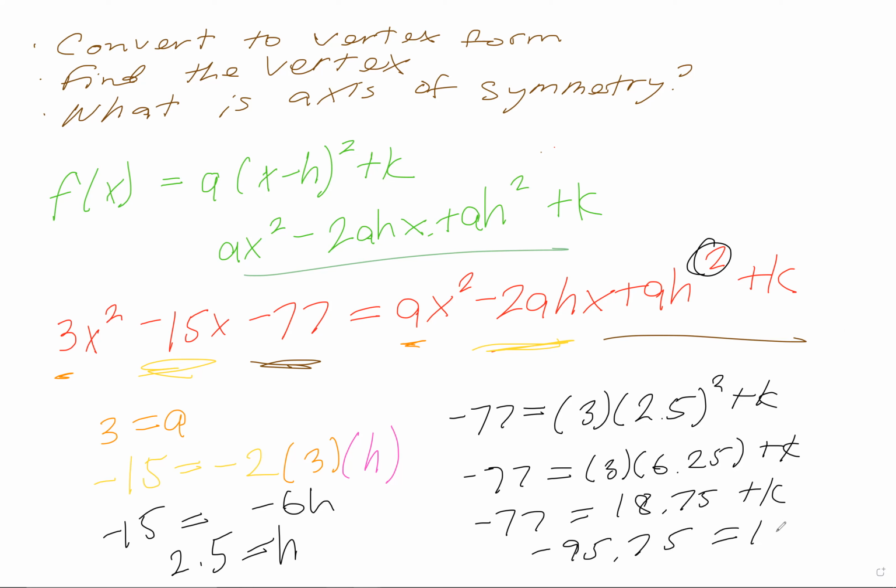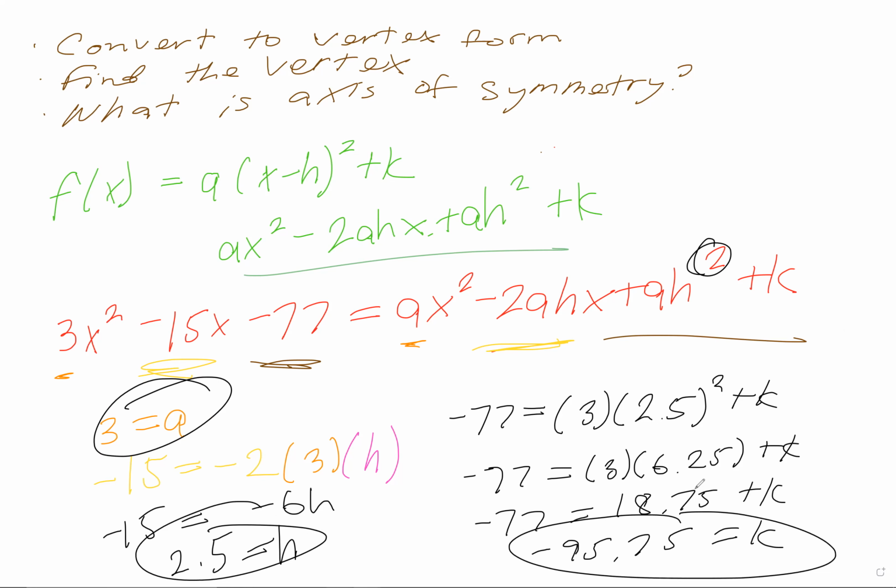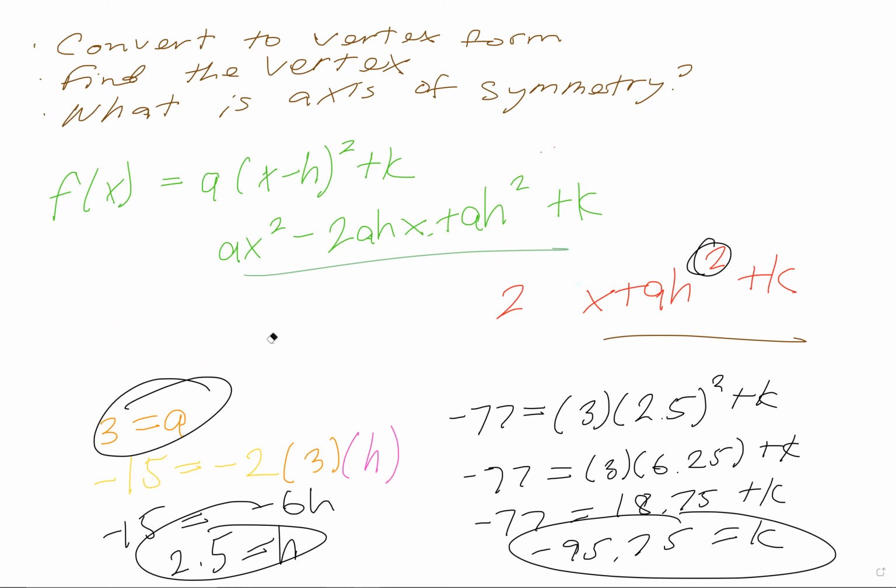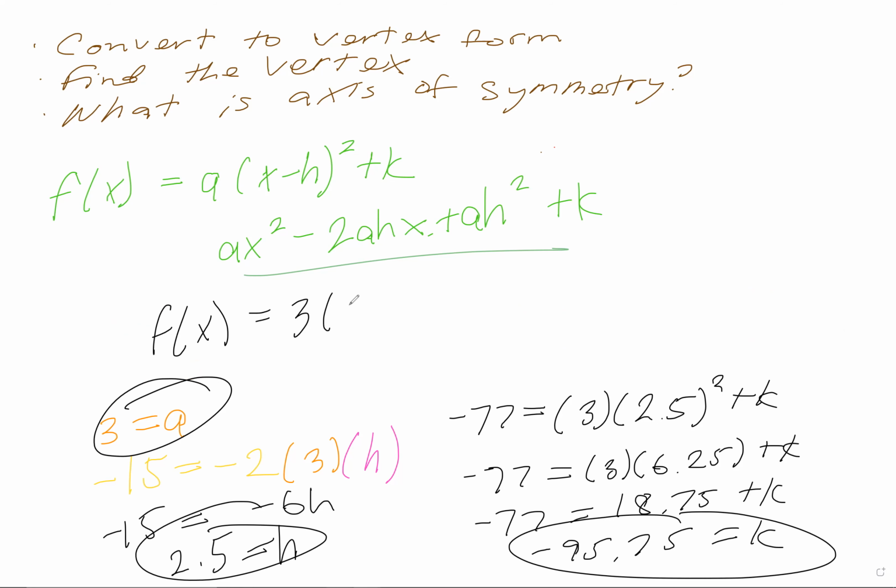Okay, so now that we have our numbers, let's put all the pieces together. F of x equals 3 times x minus 2.5 squared. Do we change it to positive?